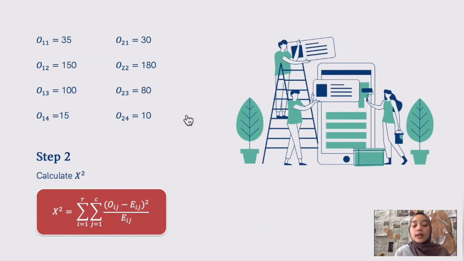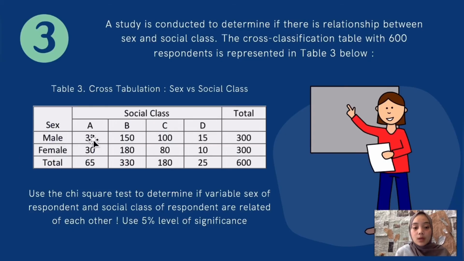We also get O11, O12, O13, O14, O21, O22, O23, and O24 from here. From the table, O11 is 35, O12 is 150, and so on.